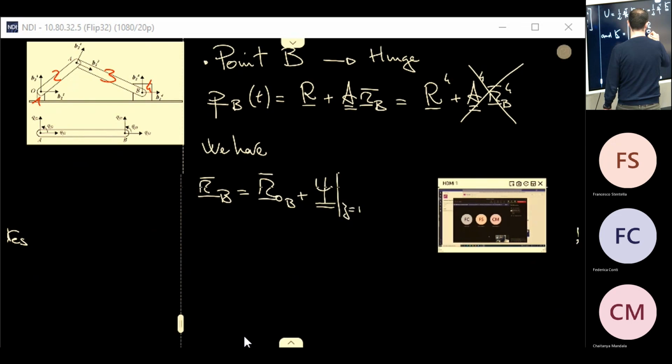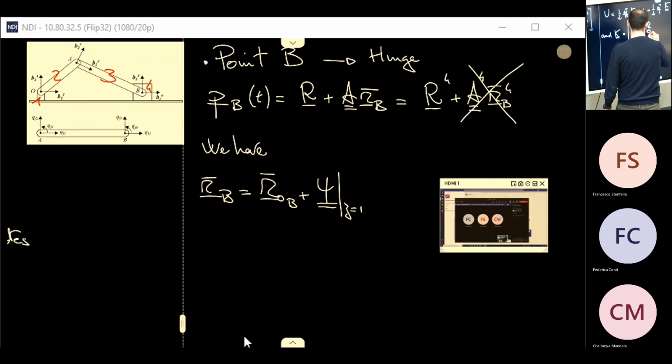Because B is eventually at the end of body number 2, times U of B. Sorry, no? QF.